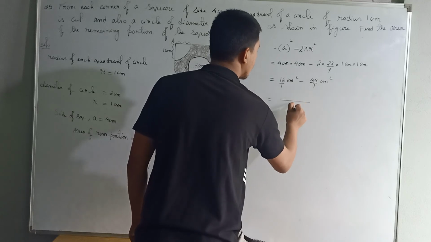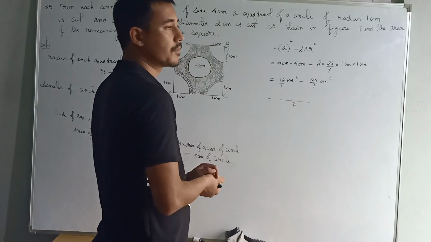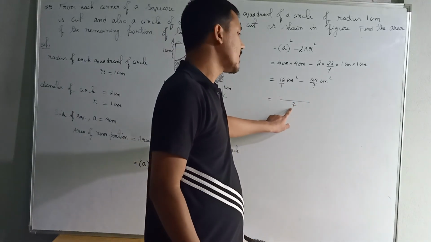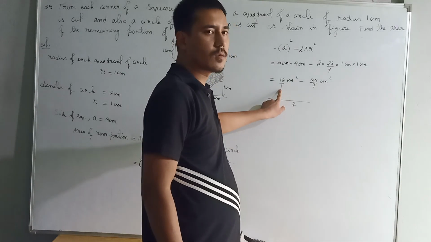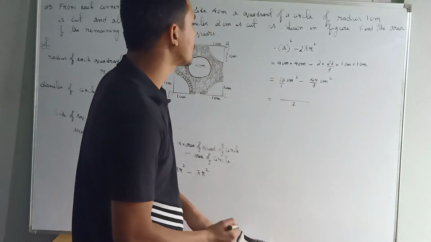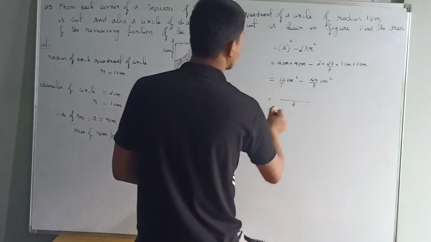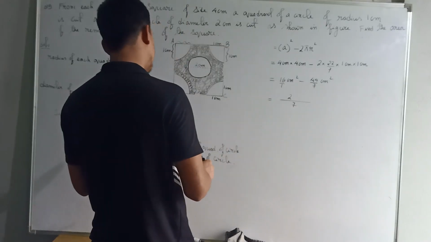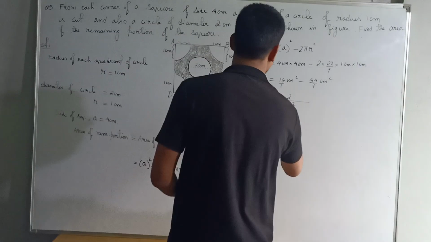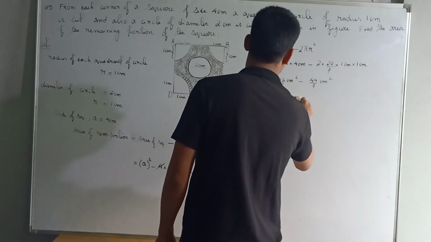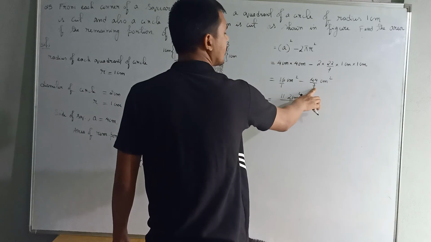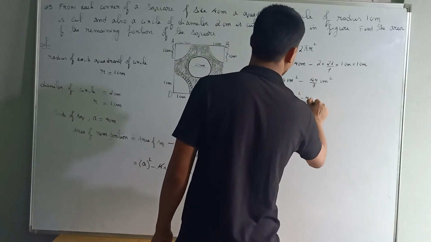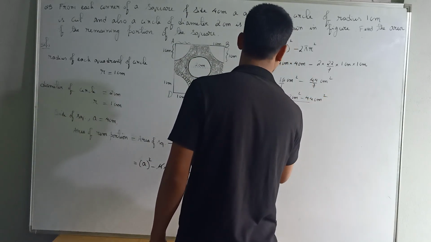LCM of 1 and 7 is 7. 7 divided by the denominator 1, then 7 times 16 is 112. Minus 7 divided by 7 is 1, so 1 times 44 is 44 centimeters square.